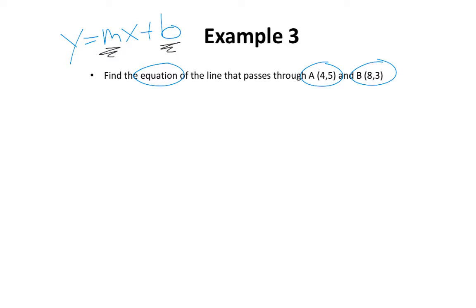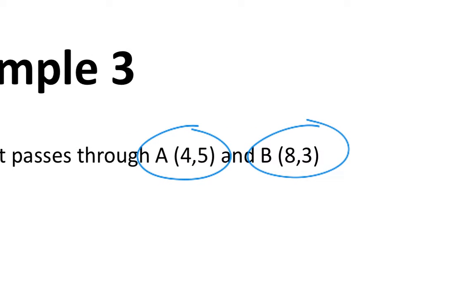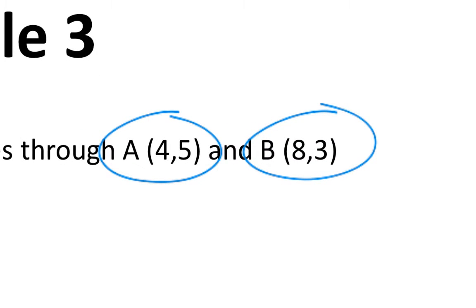We're going to first find the slope. Slope is equal to y2 minus y1 over x2 minus x1. This means we need 2 points on the line to figure out the slope. We are given 2 points. Let's label these x1, y1, x2, y2.